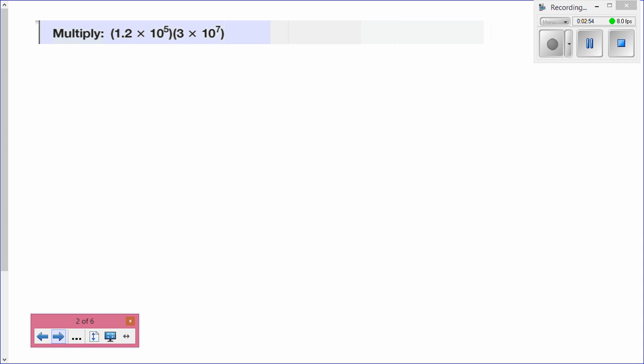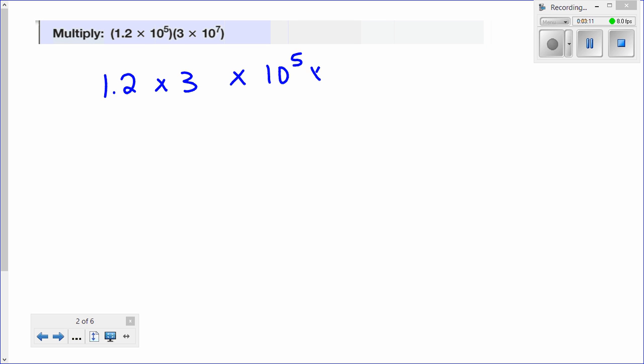So your first problem says to multiply these two scientific notation numbers. So what we're going to do first is change the order, so that our rational numbers are together and our base numbers are together. We used the commutative property.